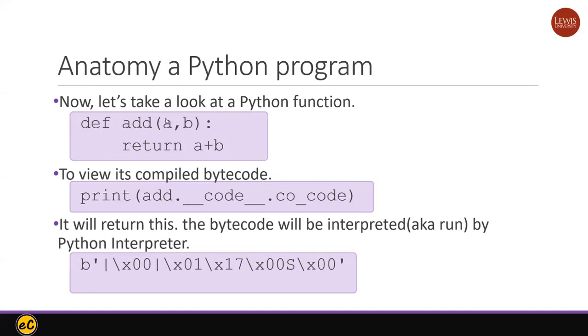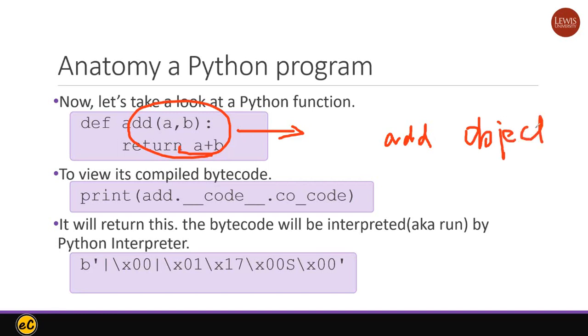So here we have a function, define add(A, B), that will return A plus B. After you send this to the interpreter, add is a function, and add is also an object. Add also has local variables.